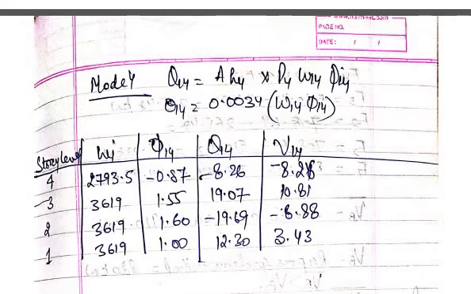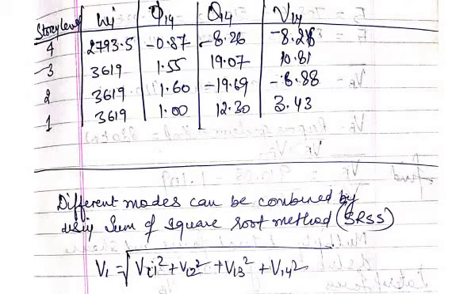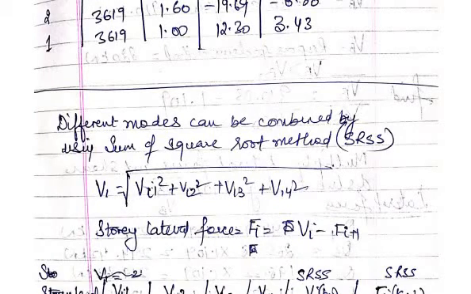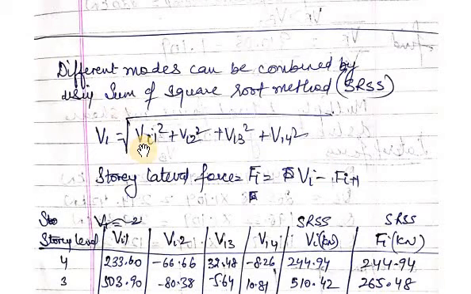After calculating this for all 4 modes, then we will use a mode combination method. That means different modes can be combined by using the square root of sum of squares method, that is the SRSS method. That means this is the square root of the sum of the squares of all these values.